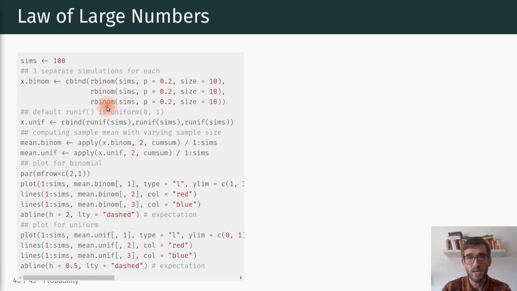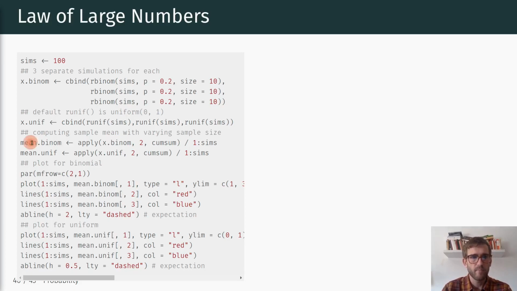We do this 3 times and attach them to each other, so we have a matrix of 3 by 100. Okay. We do this not only for a binomial distribution but also for a uniform distribution, where we just take random draws from a uniform distribution, again 100 times, in three separate simulations to see different scenarios play out, essentially.